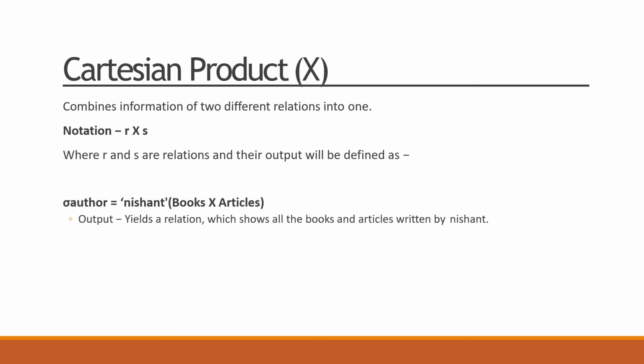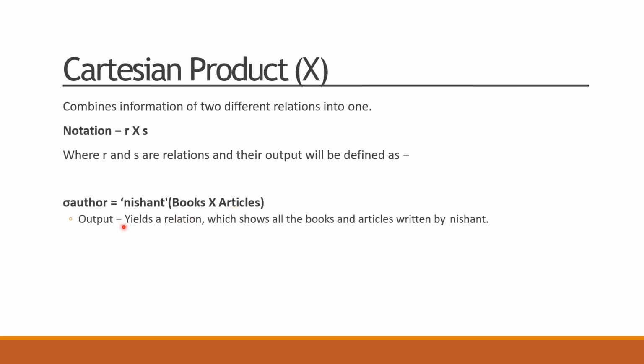Now, Cartesian product, which is represented by the cross. It combines information of two different relations into one. Notation is R cross S, where R and S are relations, and the output will be defined as sigma author equal to Nishant, then in brackets the relation names, that is books cross articles.